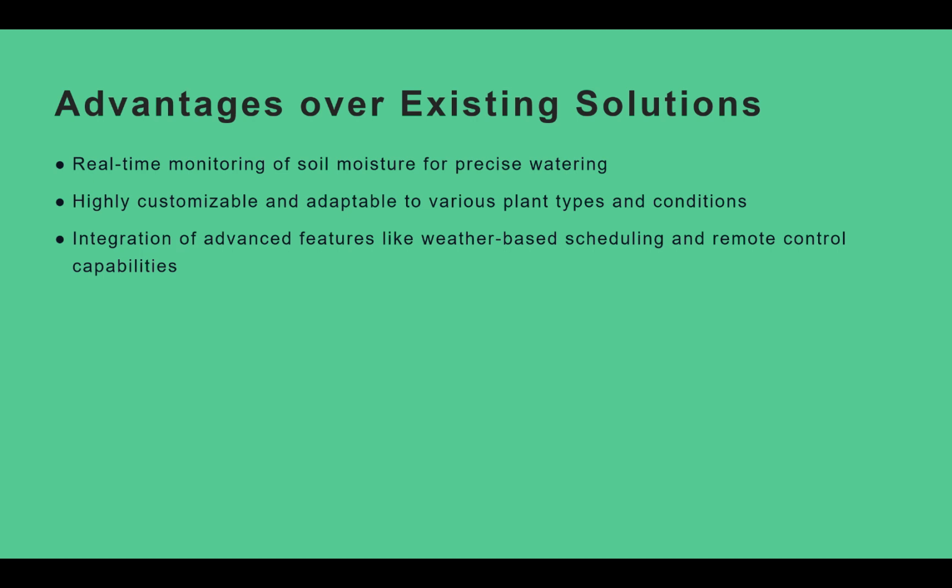Secondly, it's highly customizable and can be adapted to all kinds of plants and environmental conditions. Additionally, with the Raspberry Pi, we can integrate advanced features such as scheduling watering times based on weather data of the local city.